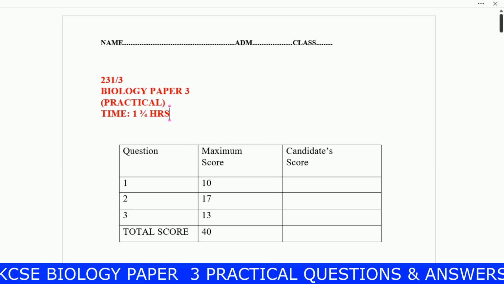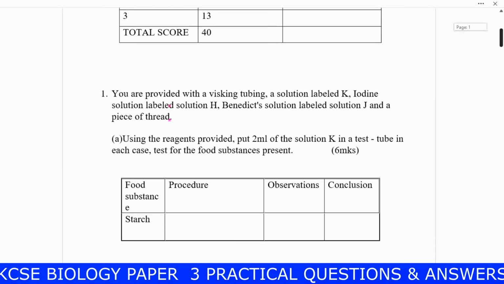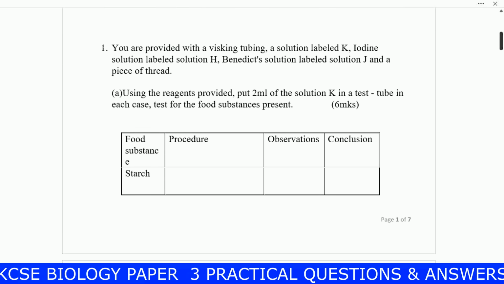Let's go to question number 1. You are provided with a whisking tubing, a solution labeled K, iodine solution labeled solution H, Benedict solution labeled solution J, and a piece of thread.